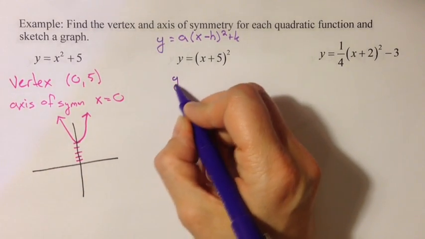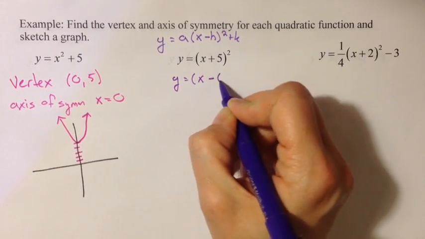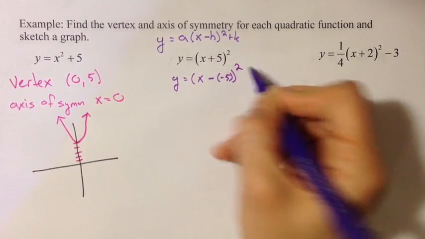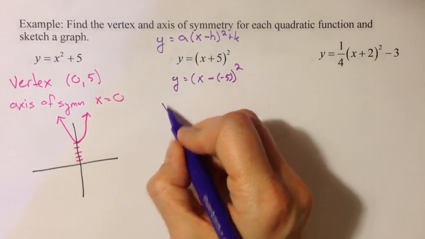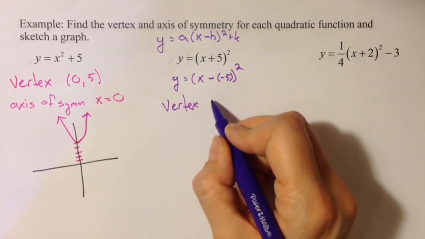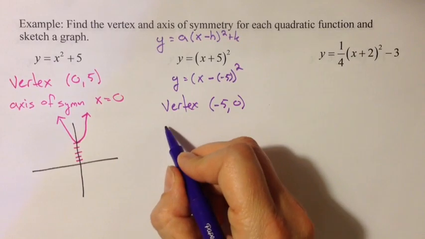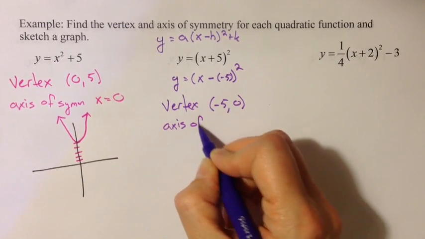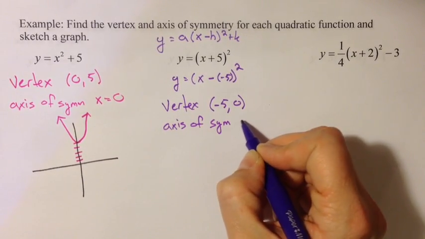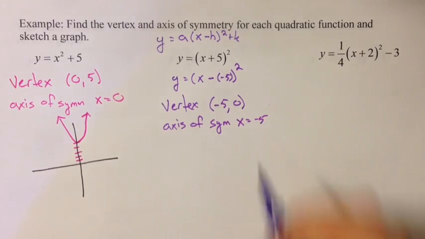You can think of this as y equals (x minus negative 5) squared. So my vertex happens at negative 5, 0. And the axis of symmetry is x equals negative 5.